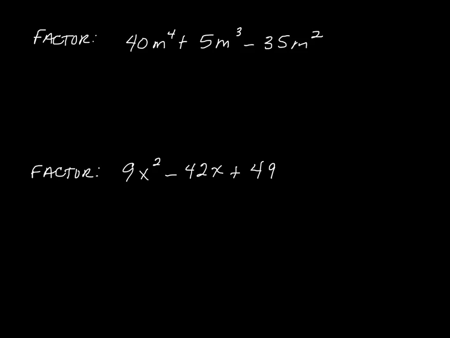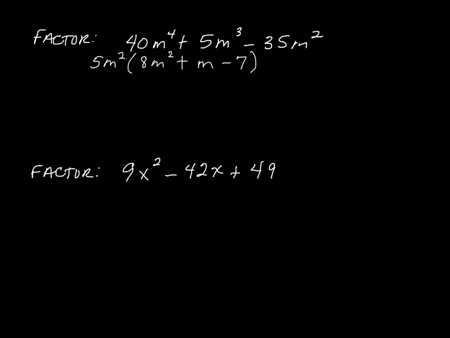40m to the 4th plus 5m cubed minus 35m squared. We can factor out a 5m squared, and that will leave us 8m squared plus m minus 7.